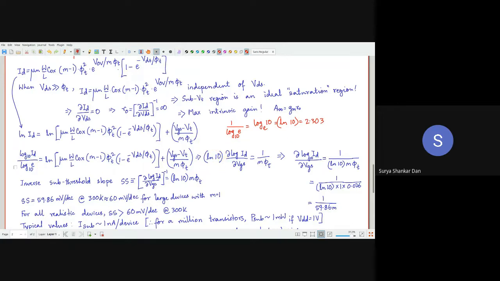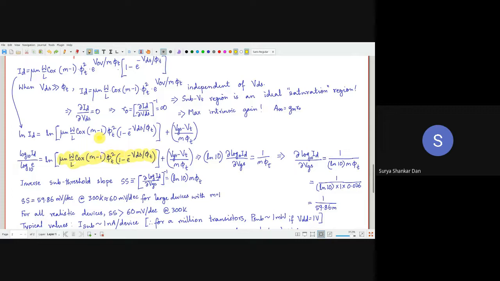Excellent. And then del of log of, again I must tell you, this is log of base 10, then I am taking del VGS. The interesting part is that this entire bracket is independent of VGS.